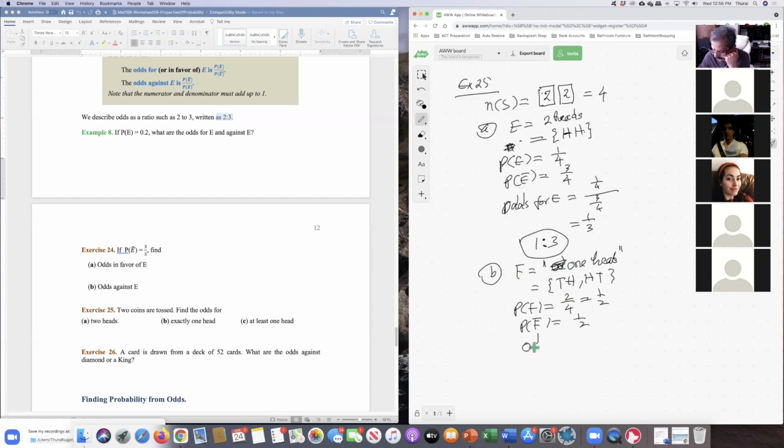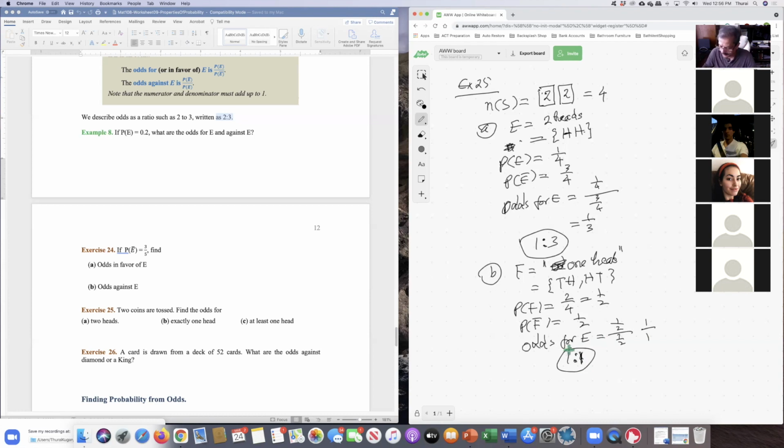So odds would be 1/2 over 1/2, which is 1 to 1. That means there is equal chance for having 1 head and not having 1 head.